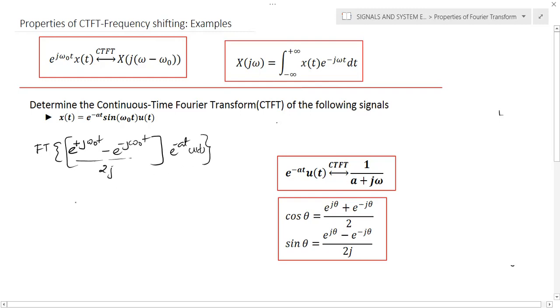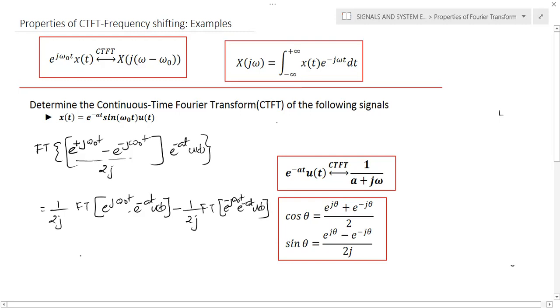Okay, now we can find the Fourier transform, and we can split this, so it becomes 1 by 2j Fourier transform of e raised to j omega 0 t into e raised to minus at into u of t, and next term is minus 1 by 2j, the Fourier transform of the remaining term, that is e raised to minus j omega 0 t into e raised to minus at into u of t.